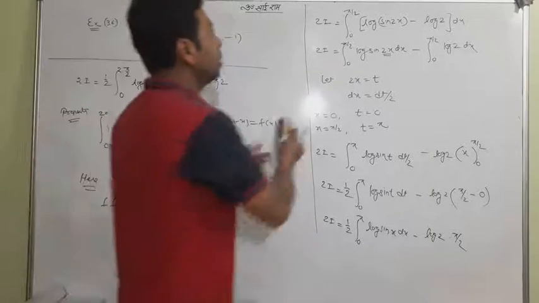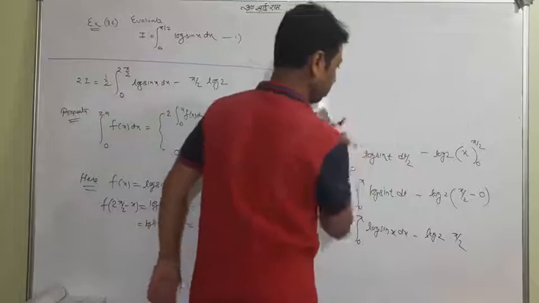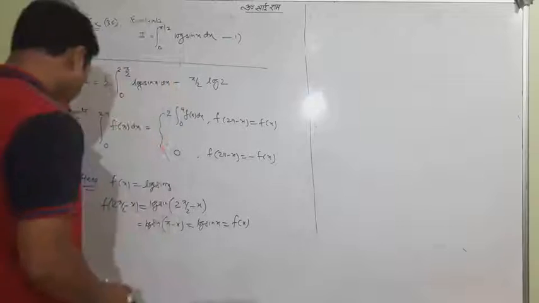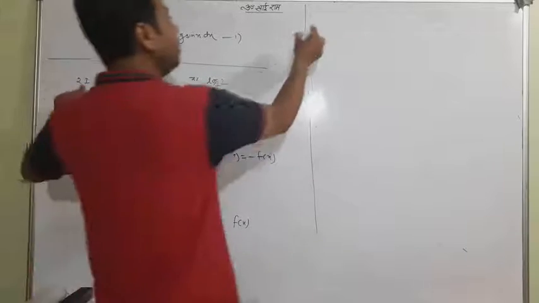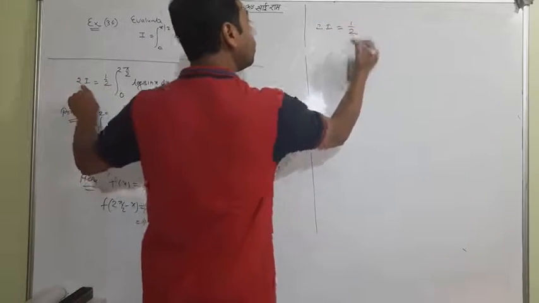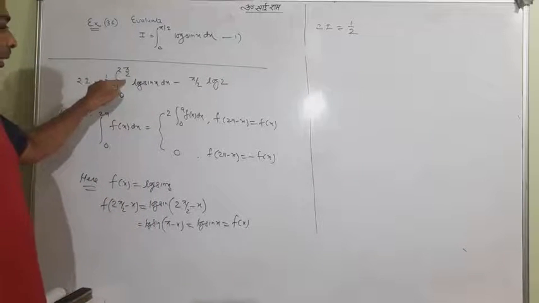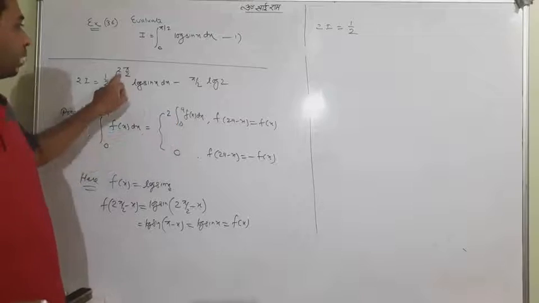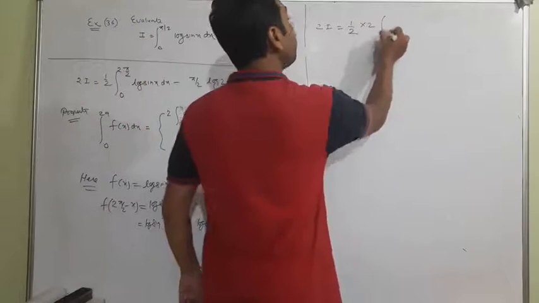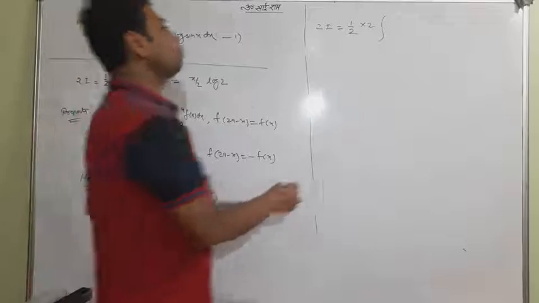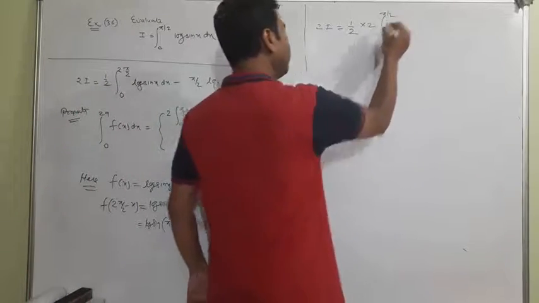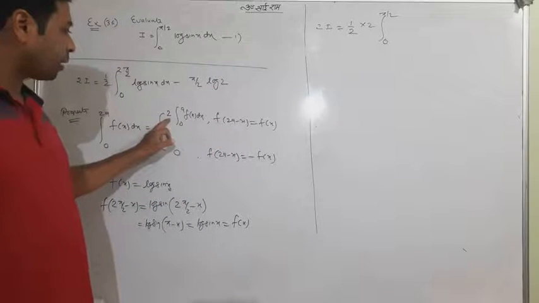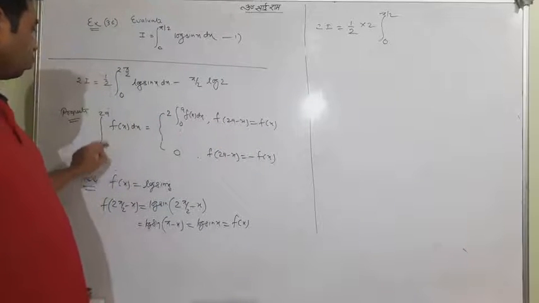So students, let me rub this again. What you had, this term, 2I is equal to half, that is 0 to 2a, has now changed. 2 will come outside and 0 to a will be there, meaning 0 to pi by 2 you are writing here, because this property is fulfilled.